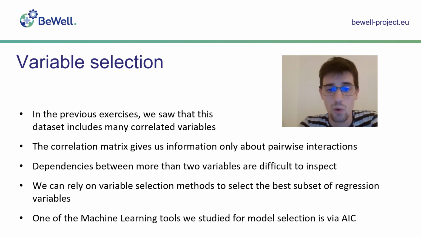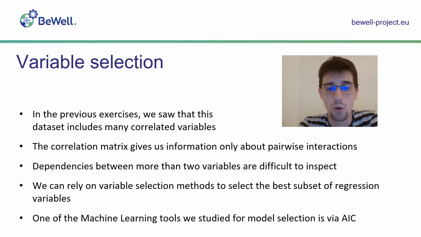Last time, we saw that inspecting the correlation matrix is a possible solution to this problem. Unfortunately, the correlation itself fell short in avoiding more difficult situations. Indeed, by definition, the correlation matrix gives us information only about pairwise interaction, but it is possible that variables interact in a more complicated way.